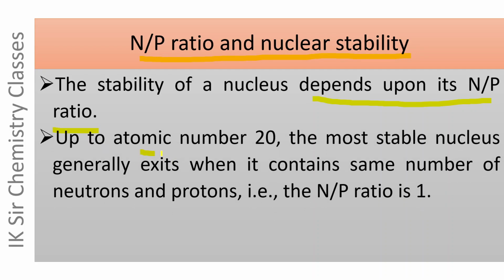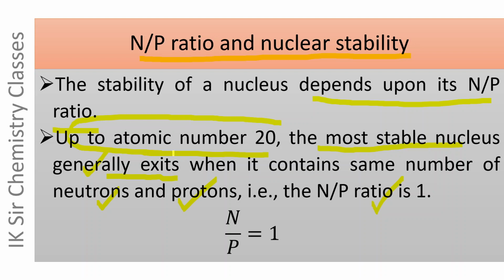Up to atomic number 20, the most stable nucleus generally exists when it contains the same number of neutrons and protons, that is, the N by P ratio is 1. A stable nucleus generally exists when its N by P ratio is equal to 1.